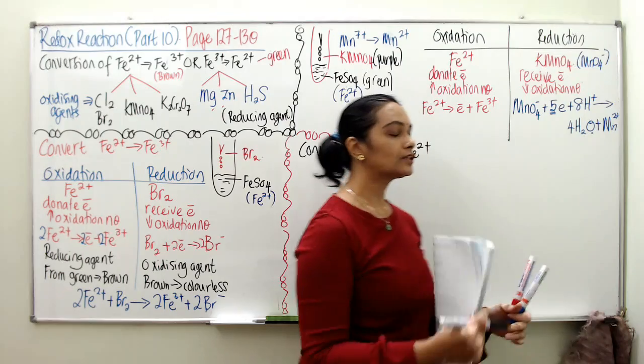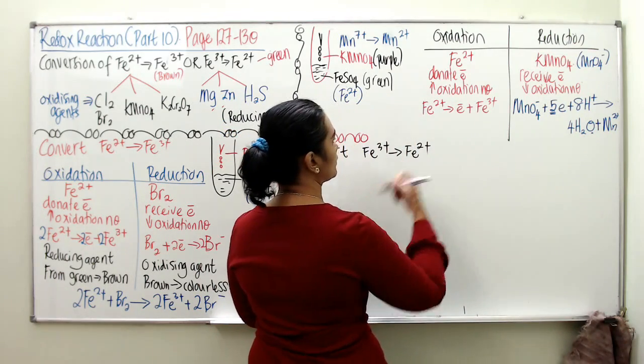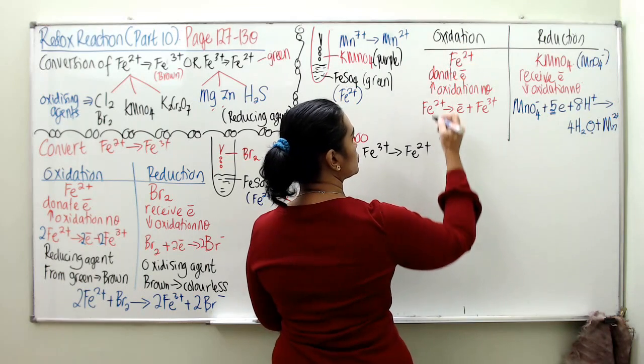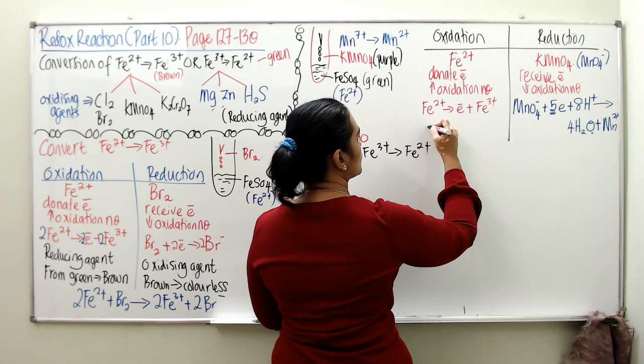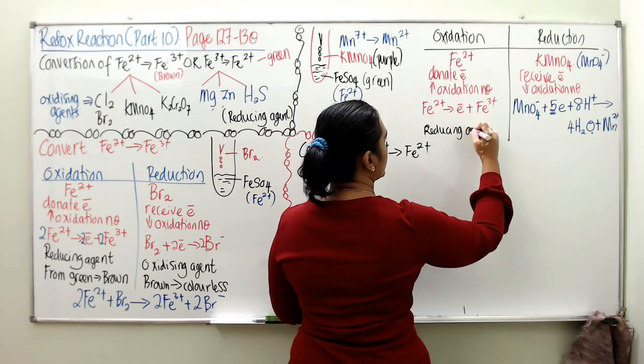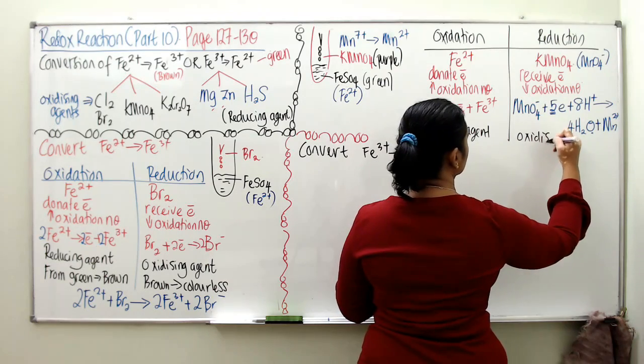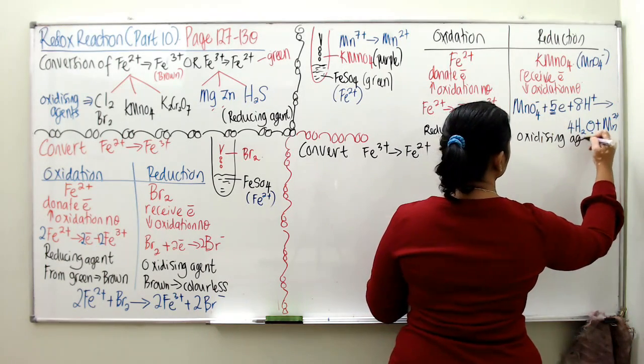Now let's go to further observation. You can find that the iron 2 ion is the reducing agent, and here is the oxidizing agent.